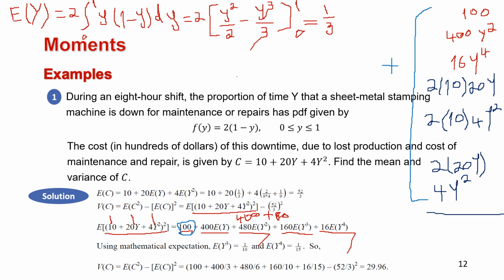Here we have 100, and then from here we have 400y.